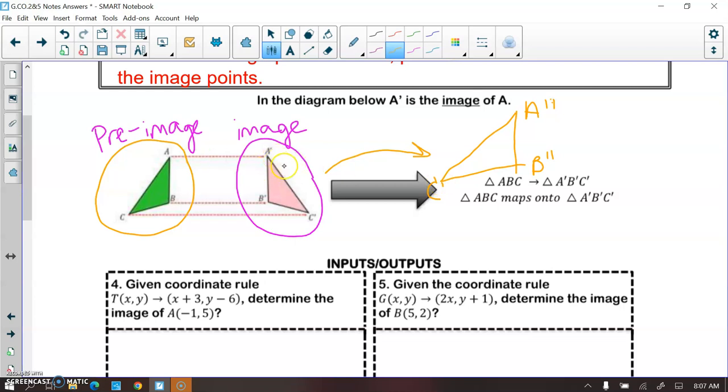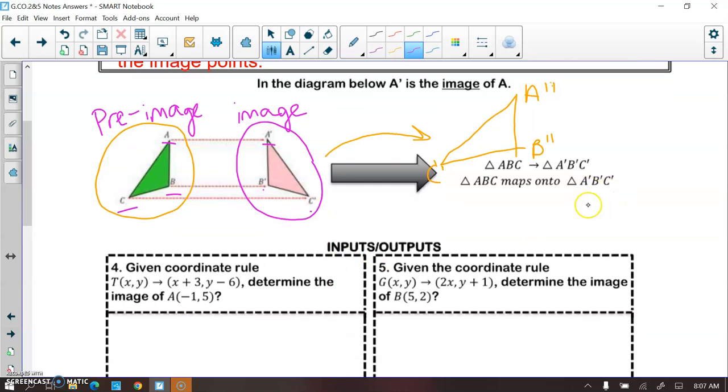We're not going to name the points differently. So I'm not going to say triangle ABC and triangle DEF, because then I don't know which point A corresponds to on my image and so forth. So I want to make sure that I use prime notation to determine, oh, okay, A matches up with A prime, B matches up with B prime, C matches up with C prime.